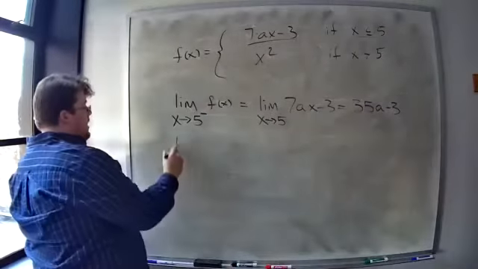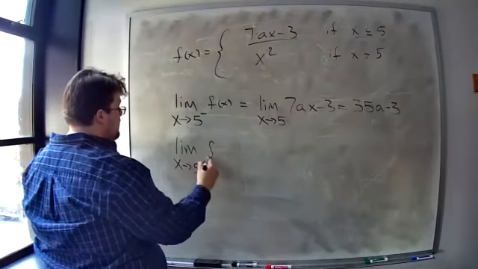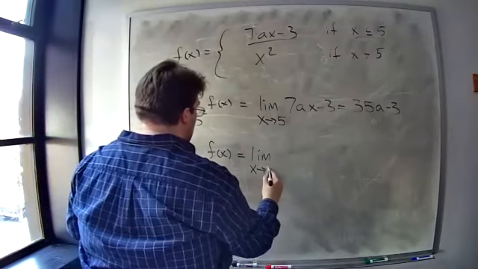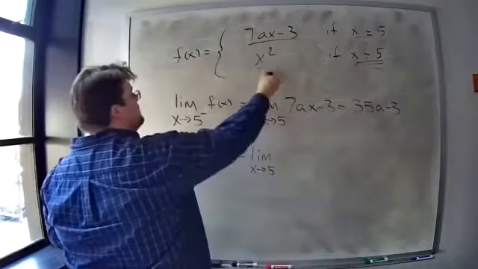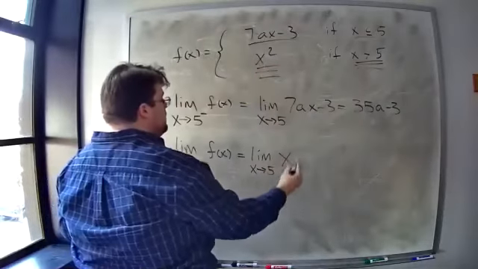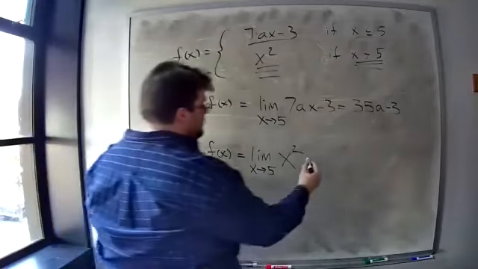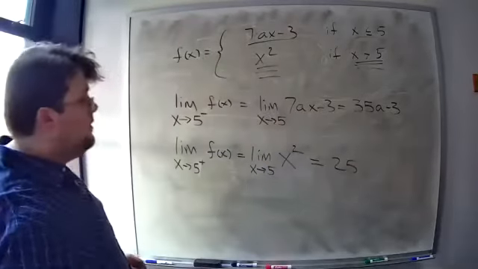And we're going to want that to equal what happens on the right of 5. On the right of 5, this function is defined as x squared. So the limit as x approaches 5 of x squared, by algebraic limit laws, is 25.